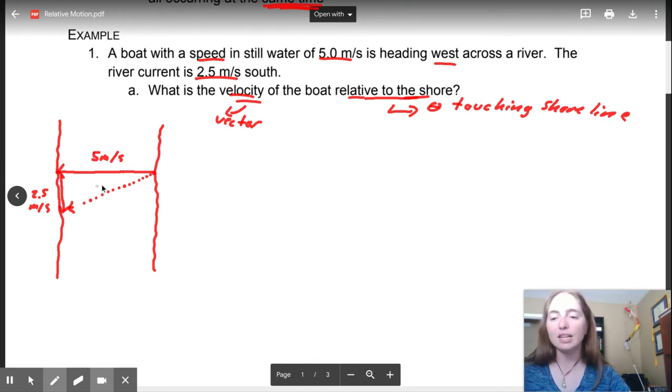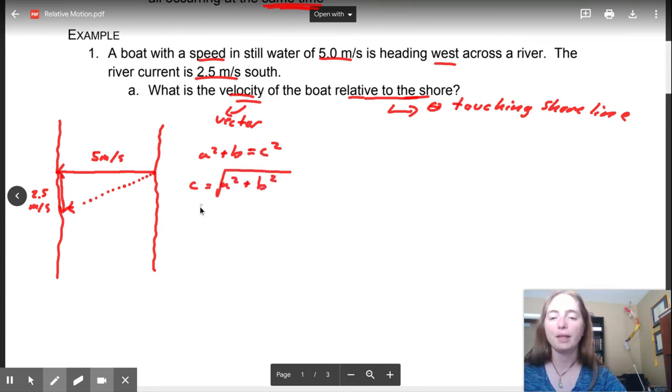So to get my resultant here, I'm going to use Pythagorean's theorem. So C is going to equal the square root of a squared plus b squared. And I'm going to put my values in. So 5 squared plus 2.5 squared.